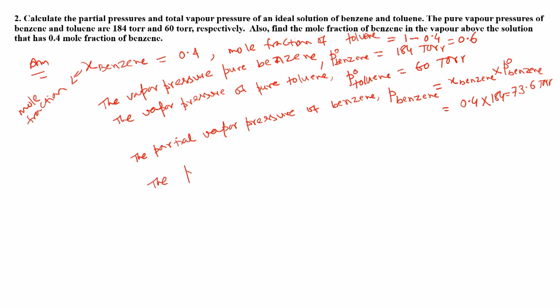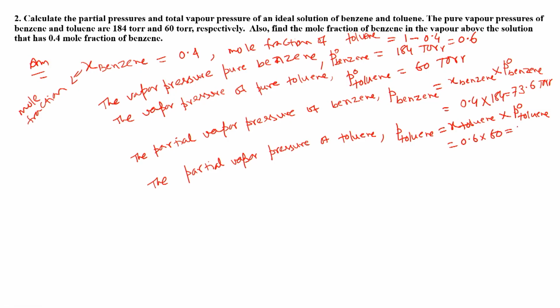Similarly, the partial vapor pressure of toluene, P toluene, is X toluene times P naught toluene, 0.6 times 60, so we get 36 torr.